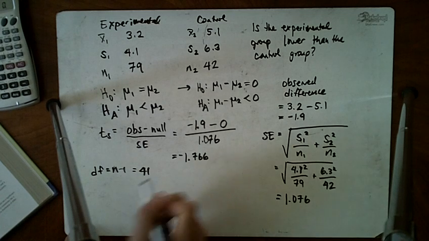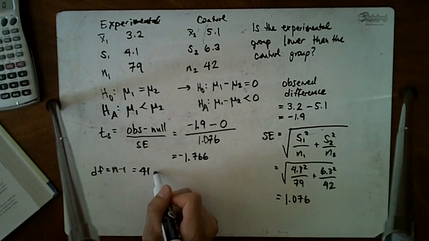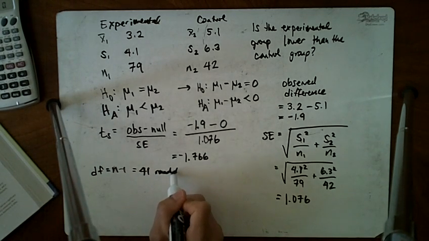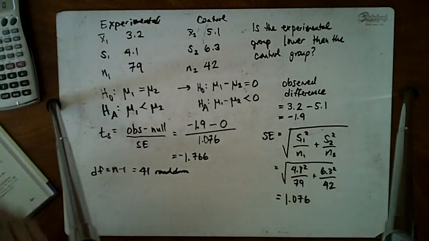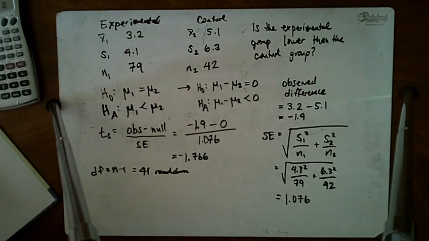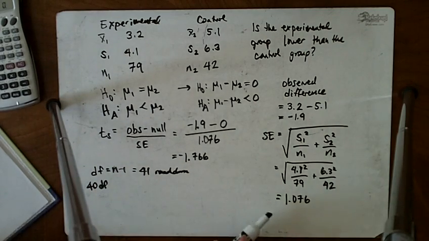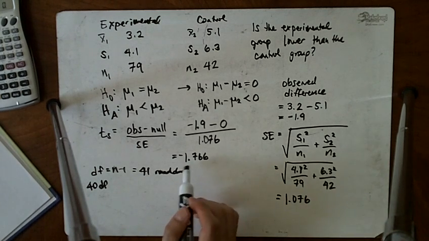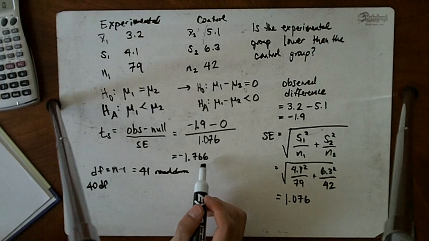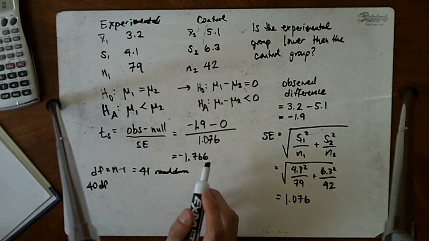So I'm going to have 41 degrees of freedom, and I have to round down. So I'm going to round down to 40 degrees of freedom because that's the only one that shows up in the table. And so at 40 degrees of freedom, I'm looking for the number 1.766.